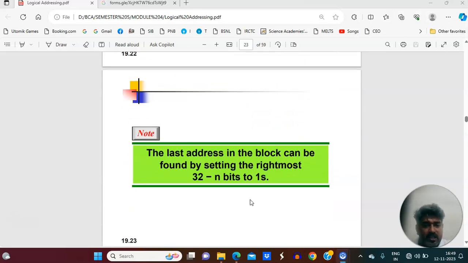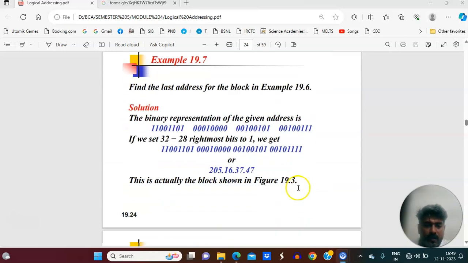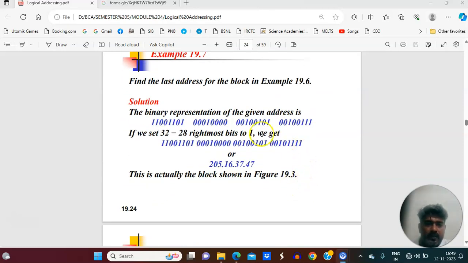Similarly, the last address in the block can be found by setting the rightmost 32 minus n bits to ones. For example, the binary representation of the given address will give 205.16.37.47.